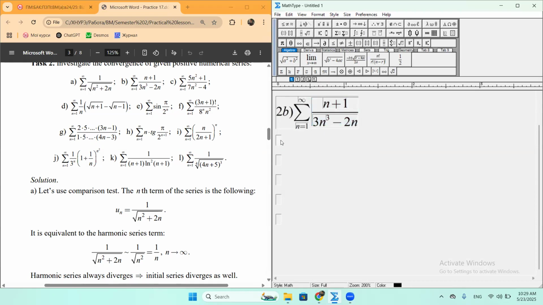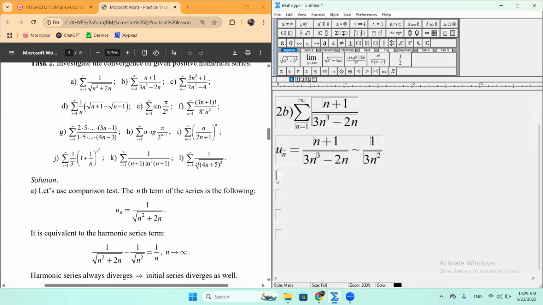So un, the nth member, equals the following expression, and when n approaches infinity, this series is equivalent to 3 over n square.